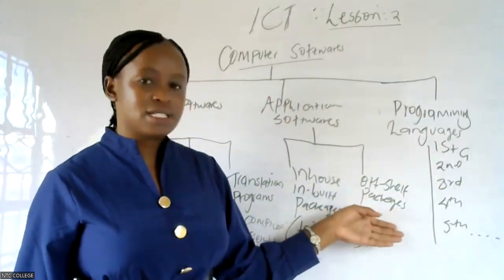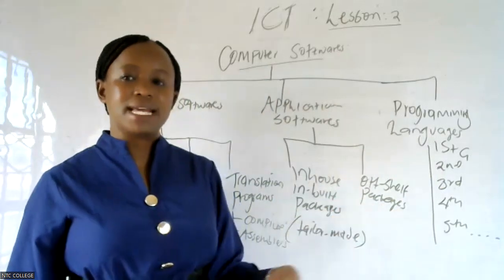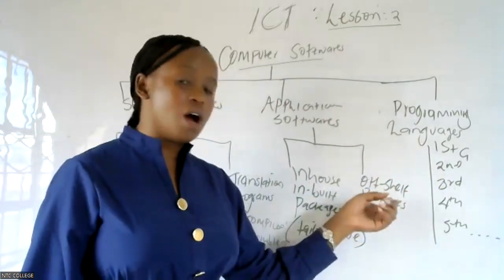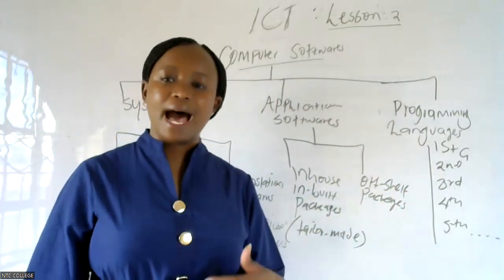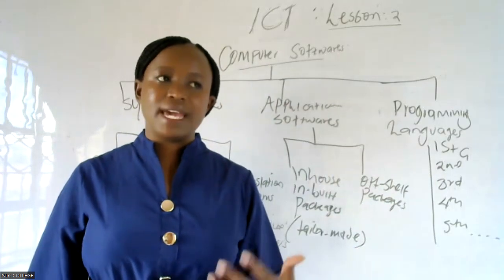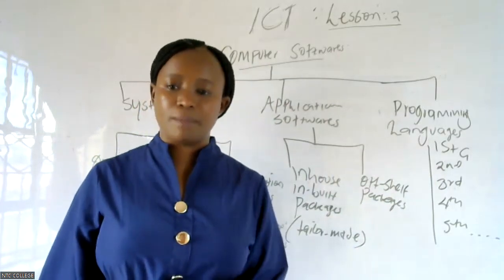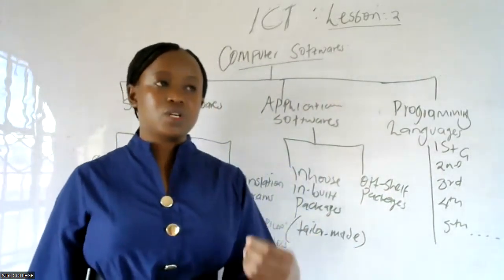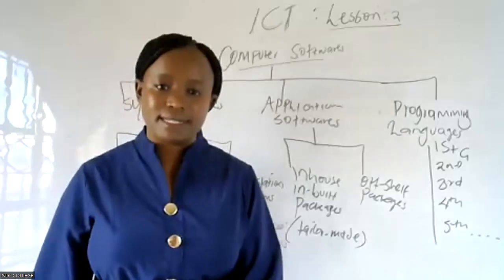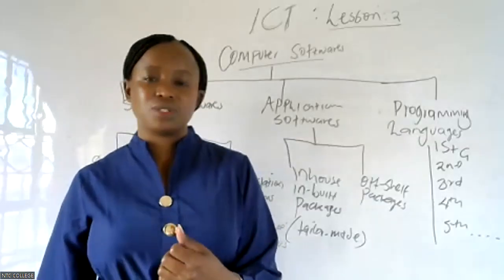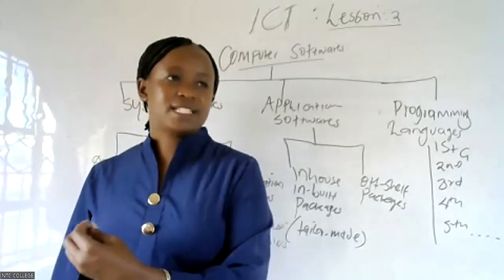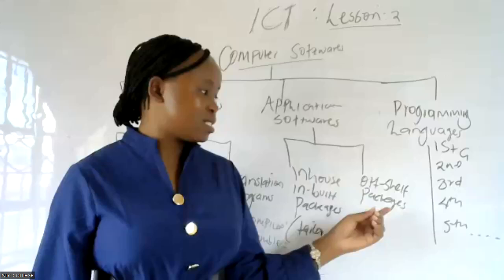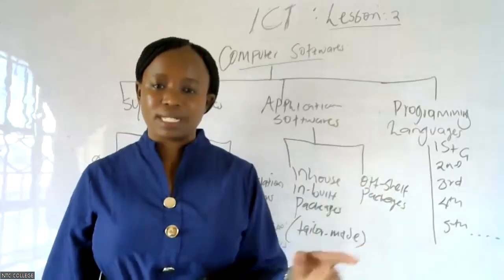So the chances of you buying this program, it means you are going for a general software, because most of the off-shelf packages are general programs. They are programs that are made for the public. They are universal in nature. They serve universal needs, like the way you used to have those universal chargers, which can charge as many devices as possible. That is the same case with the off-shelf programs.